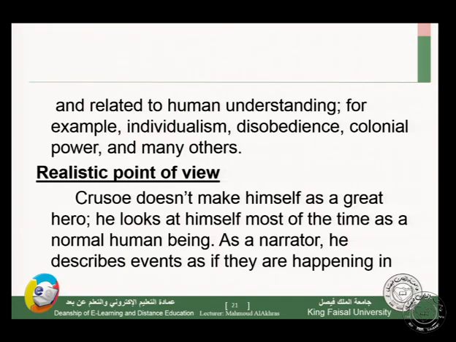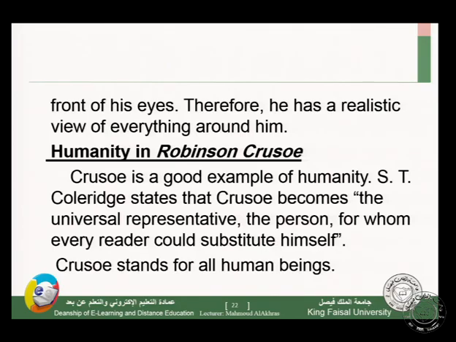As a narrator, he describes events as if they are happening in front of his eyes. So he is like a camera. He can take realism in portraying the events. So he has a realistic point of view as a narrator. Therefore, he has a realistic view of everything around him.